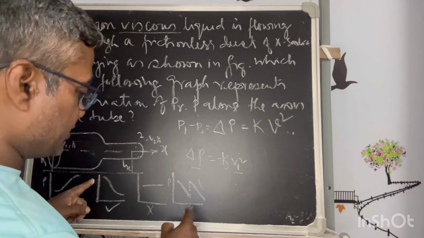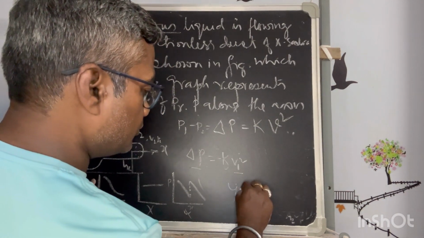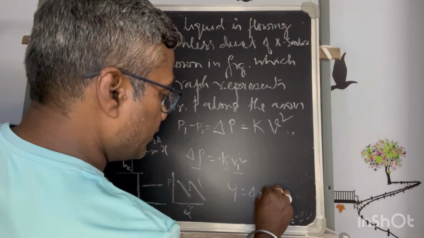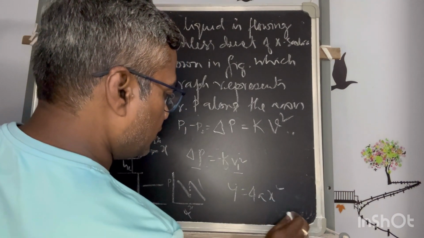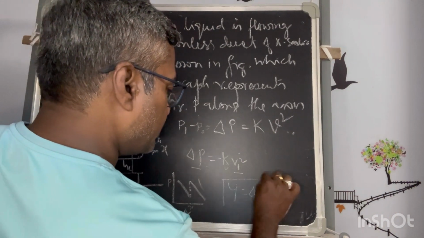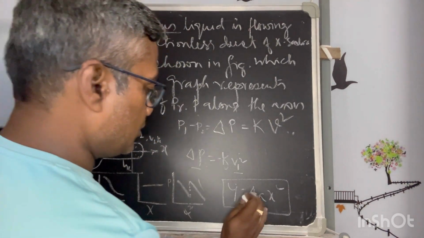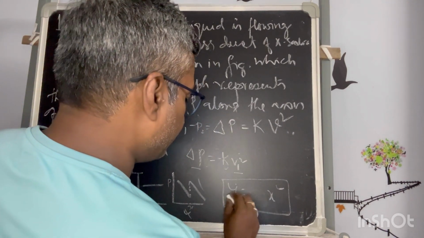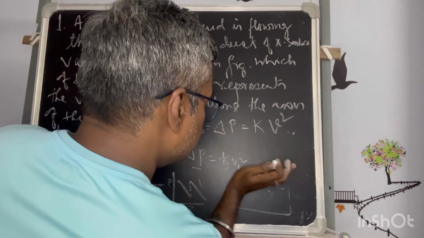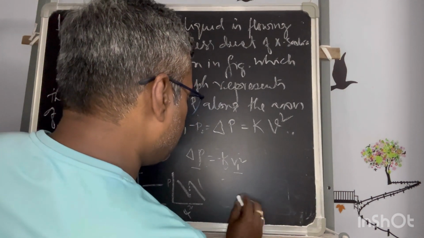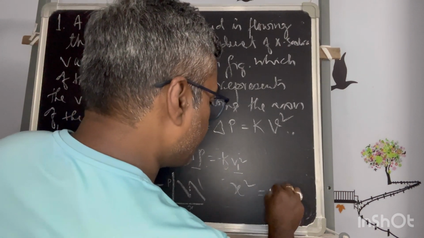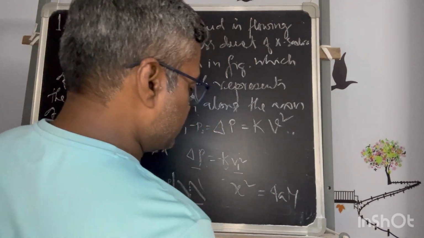If P is on the y axis, then y is equal to 4a into x square. If you learned this in your academics, this is the equation of a parabola. This can be represented this way.